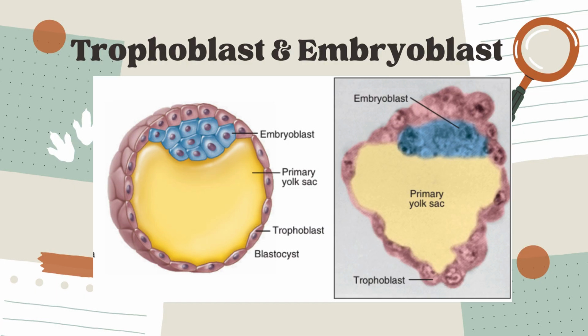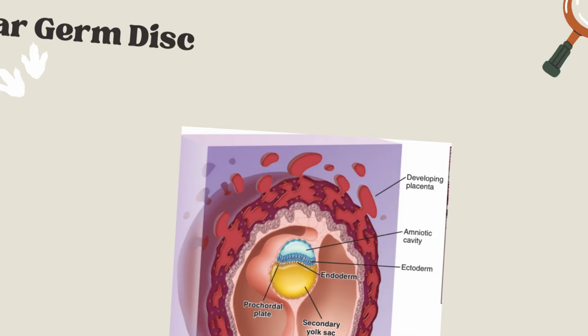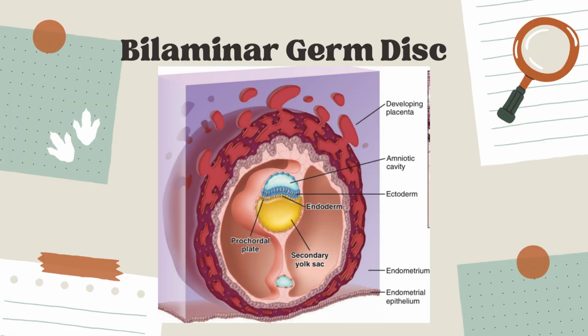This separation of cell lines marks the beginning of true embryonic organization and sets the stage for forming the germ layers. By around day 8, the embryoblast differentiates into two layers, forming what is called the bilaminar germ disc.